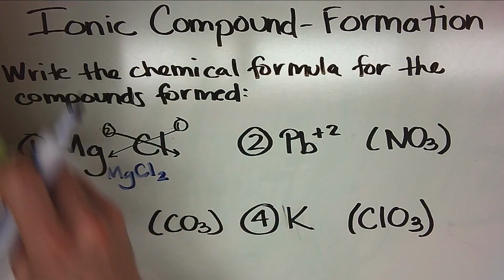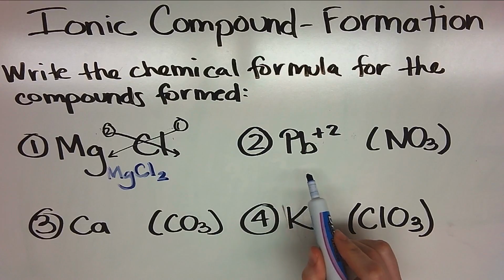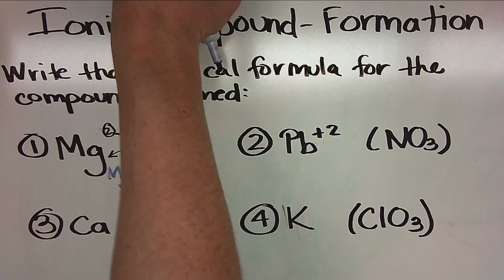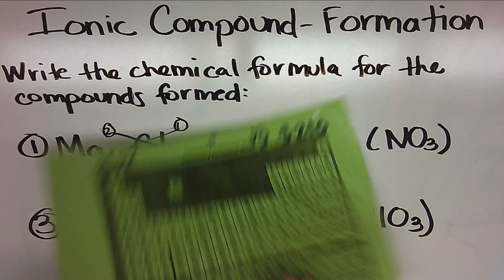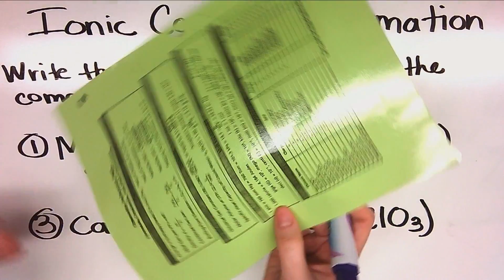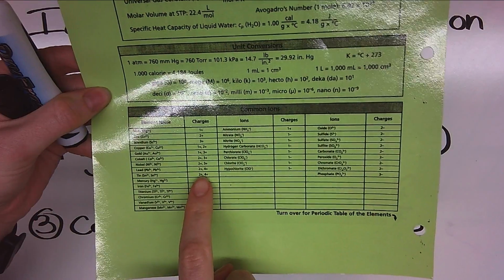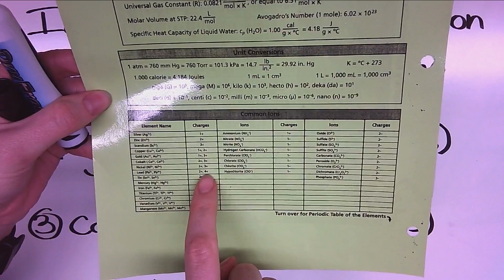All right, let's move on to number 2. So same thing as before. This time we have lead. Now remember, lead's actually a post-transition metal, but when you're looking on the back of our reference sheet, you may be able to see it right here. Lead can either have a +2 charge or a +4 charge.